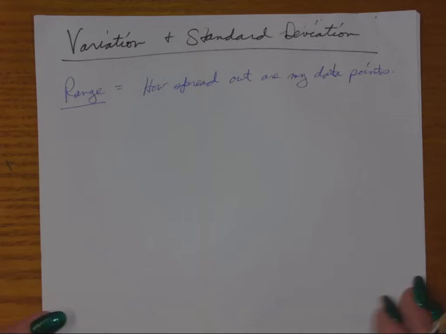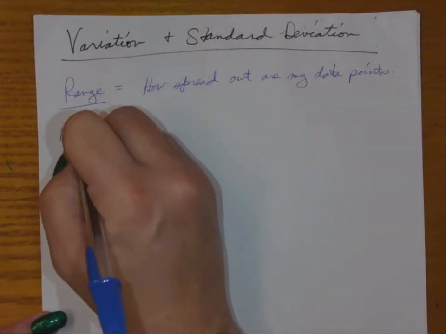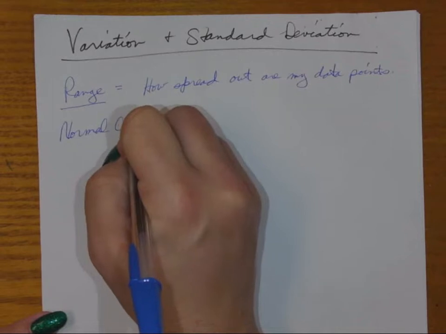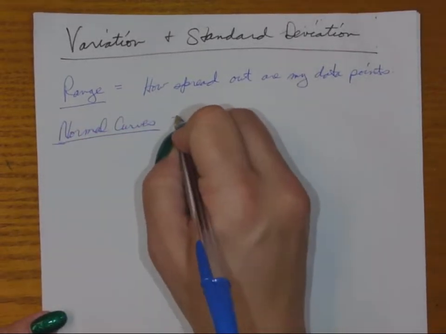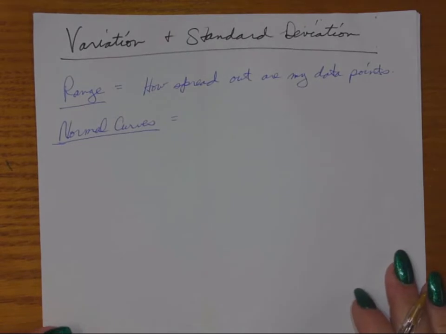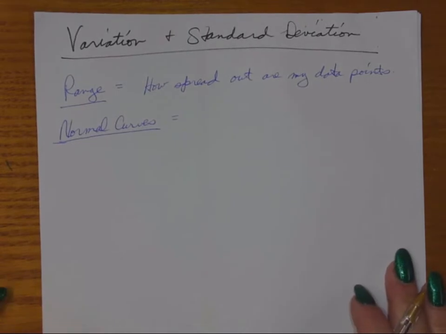I mentioned before normal curves. Okay, and this is going to be important. It's a huge concept in statistics, and it's something that's going to stay with us the rest of the class.